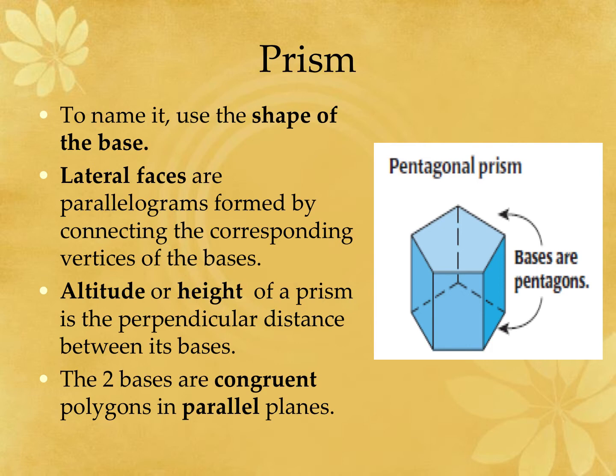Those are going to be parallelograms formed by connecting the corresponding vertices of the bases. In this case, these are a bunch of rectangles. The altitude or the height of the prism, you're looking for a right angle, because it's always going to be the perpendicular distance between the two bases. The bases are always going to be congruent polygons, and in this case, these are two congruent pentagons.